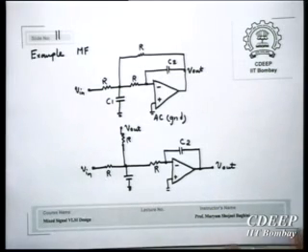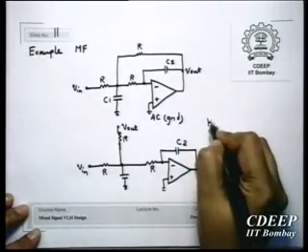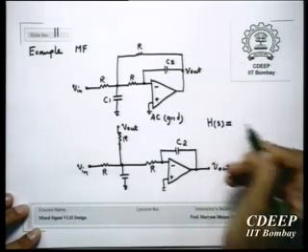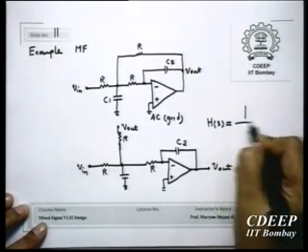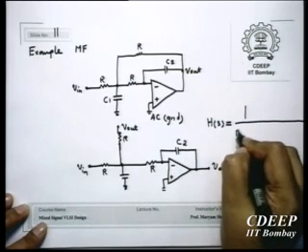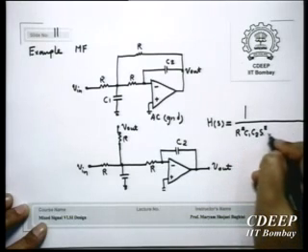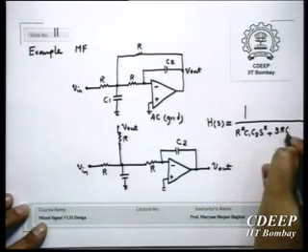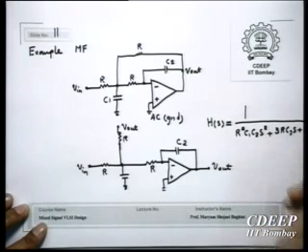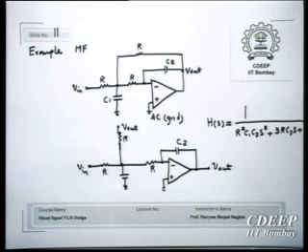So this is a second order filter with this transfer function. So is it clear? This is some sort of multiple feedback.